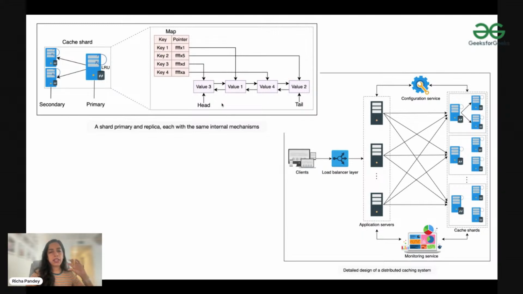This means the value 3 is the most recently used, then the next one is the value 1, then 4, then 2. So here the value 2 is the one that is least recently used. If the capacity of the cache can store all 4 data, we will store all 4.